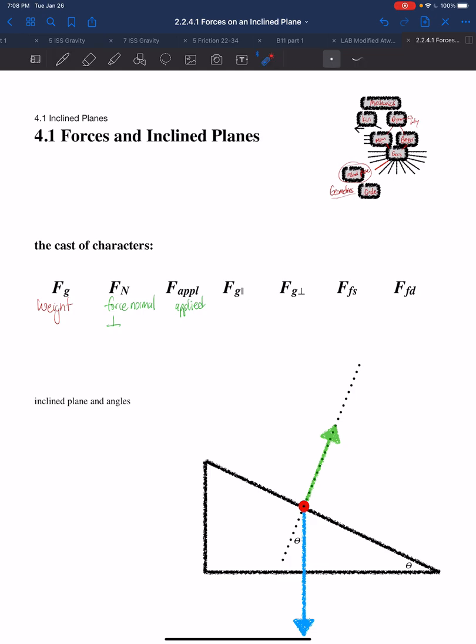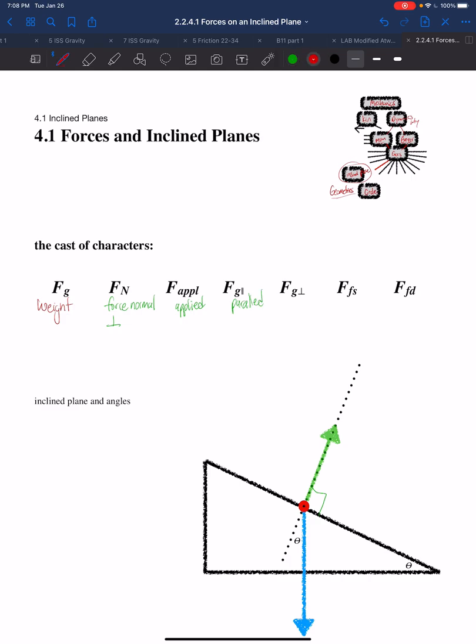And down below we have an inclined plane, and we know that gravity, or the weight, points downward. And we know the normal is perpendicular to the surface. And an applied force could be applied in such a way that it pushes the object up the plane or down the plane. And then we have FG parallel.